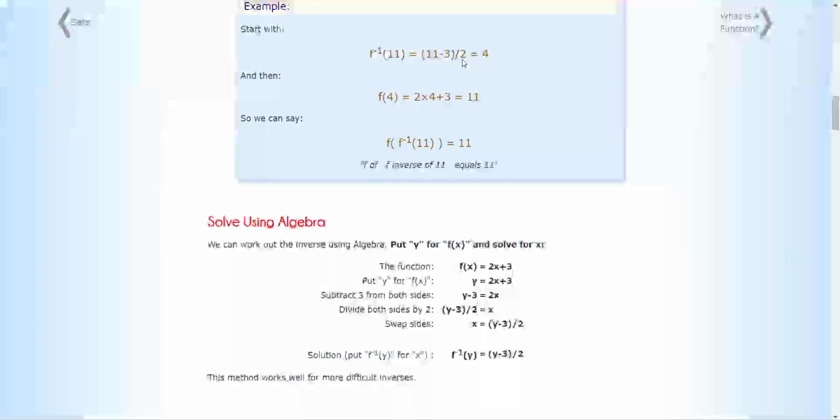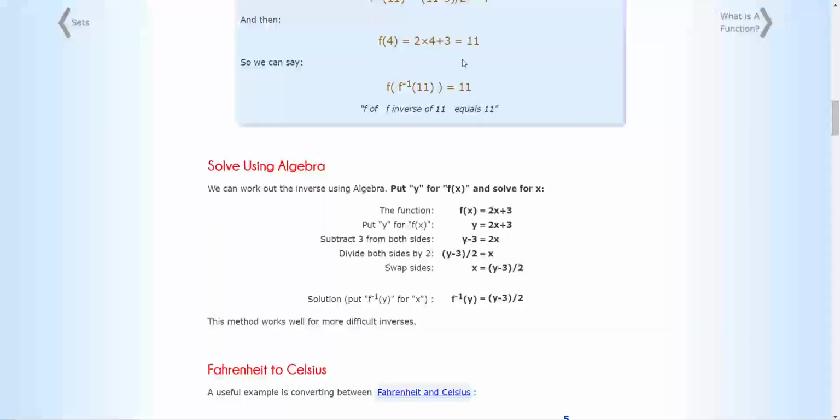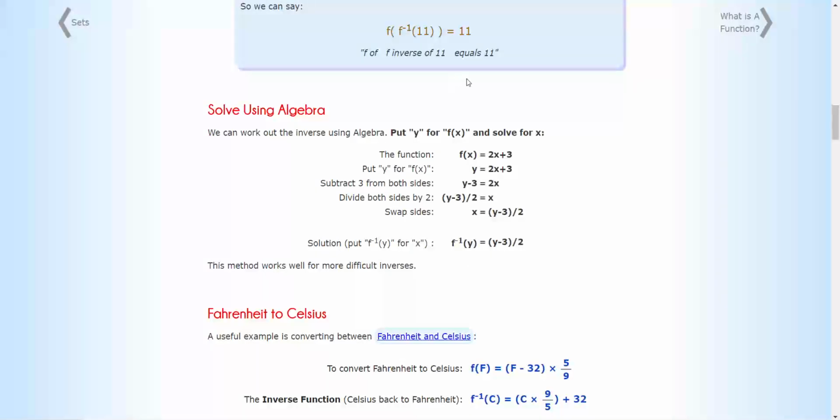We know that algebraically is the best approach to solve for the inverse. As you can see, you have the function f(x) equals x plus 3. You convert this to y, and then you solve the equation for x, so you end up with y minus 3 equals x.